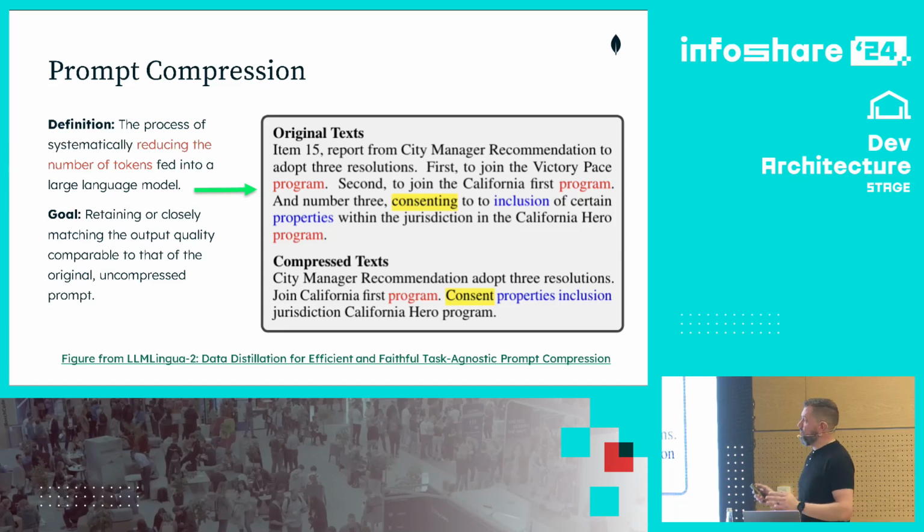So one thing to bear in mind here is that prompt compression can suffer from information loss, especially with a large corpus of information where something is only mentioned one time, it might get left out. So this is something to be aware of, but generally prompt compression does a pretty good job.